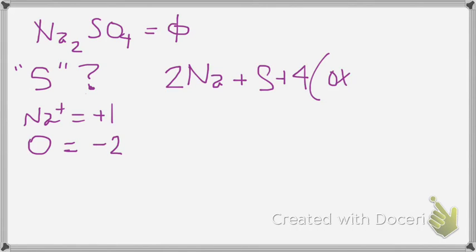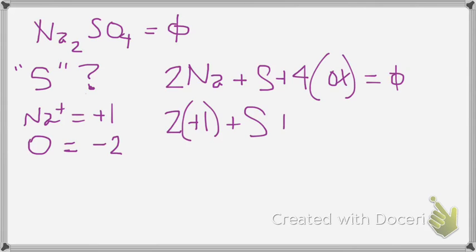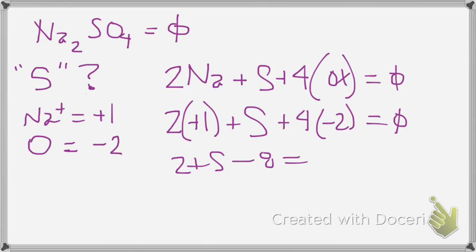This time I'm just going to call it OX, so that way you don't think it's a 0, is equal to 0. Now let's plug and chug our numbers in. 2 times a +1 plus the sulfur plus 4 times -2 is equal to 0. So we're going to have 2 plus S minus 8 is equal to 0, which is S minus 6 is equal to 0. So therefore S is equal to +6.